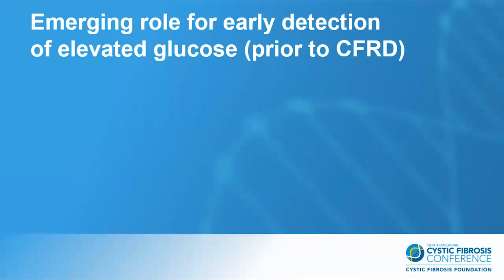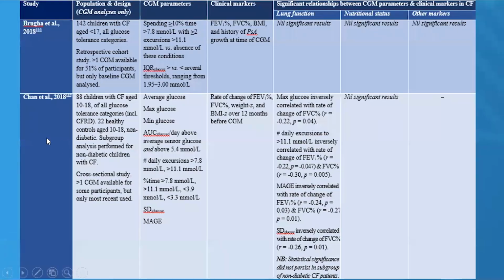Another potential future role, of course, is early detection of elevated glucose levels prior to the onset of diabetes as currently defined. And that's been studied by Brucker and colleagues who looked at 142 children with various glucose tolerance categories, and defined people according to their CGM parameters rather than OGTTs, which they said were not routinely performed.